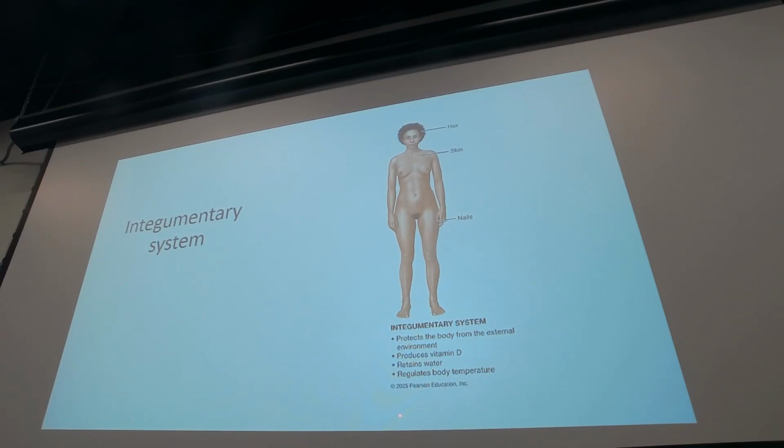Also it prevents us from losing a lot of water, so it helps to retain water, and helps to maintain body temperature through increased blood flow or decreased blood flow, so that we can lose heat or preserve heat so that we have normal body temperature. As well, it starts the production of vitamin D.